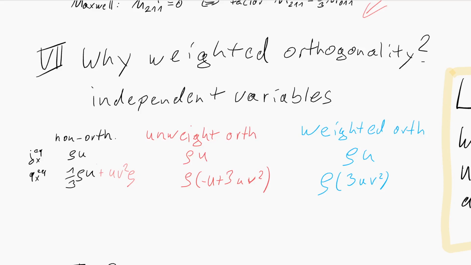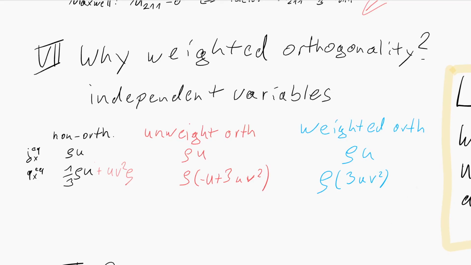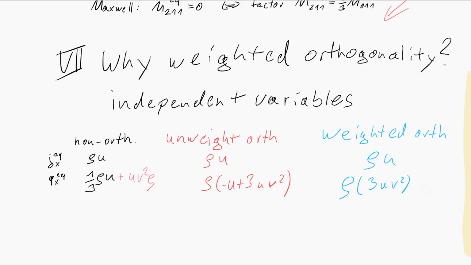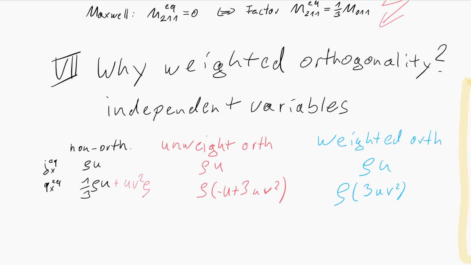So when instead we use weighted orthogonality, what we get is that this third moment here will become, in fact, independent of u itself. It's still dependent on u times v square, but this of course is a different monomial, so it is okay to still be dependent on this because this is separated by some scale.